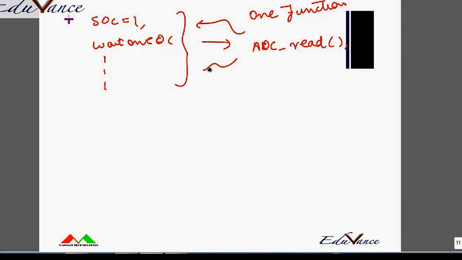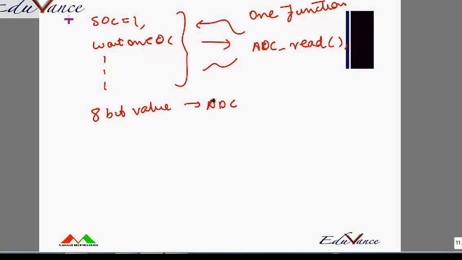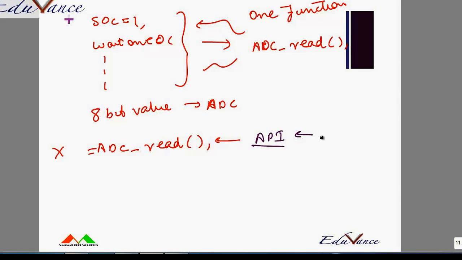So in the future, in my program, if I would like to read an 8-bit value from my ADC, then all I have to do is I write in my program ADC underscore read, and I give this value to a variable X. That's it. The style of programming using these functions is called the API style of programming, where you take given APIs.